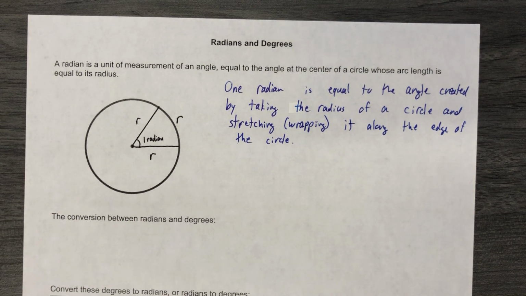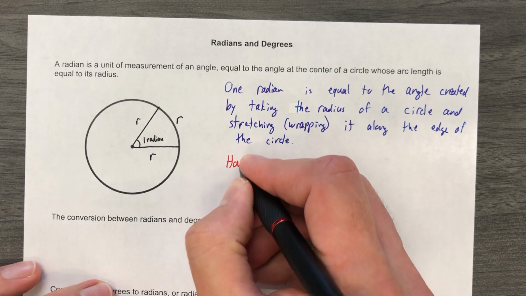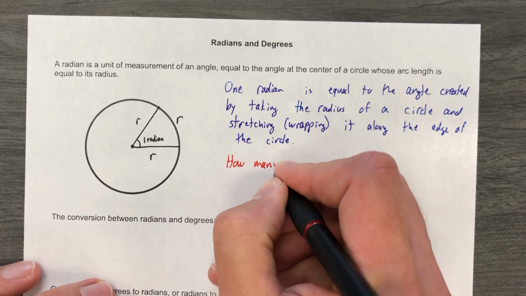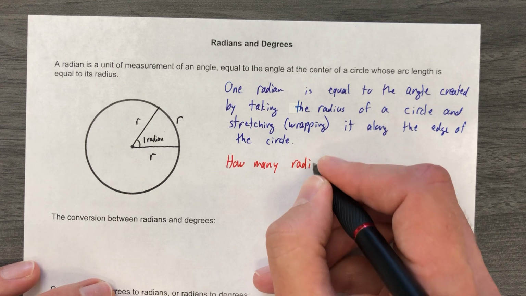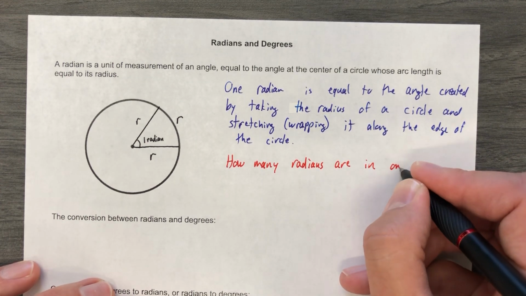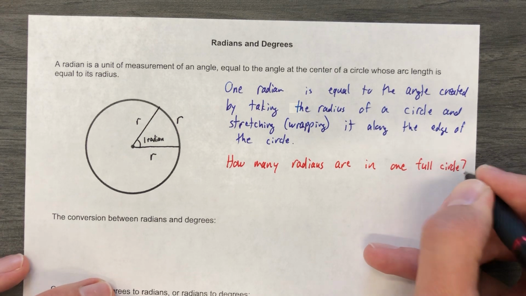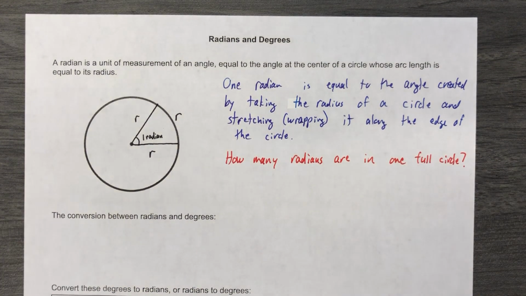So now we get into the question, how many radians are in a full circle? I'm actually going to write that down as a question in red: how many radians are in 1 full circle? Okay. Don't know. Let's find out.